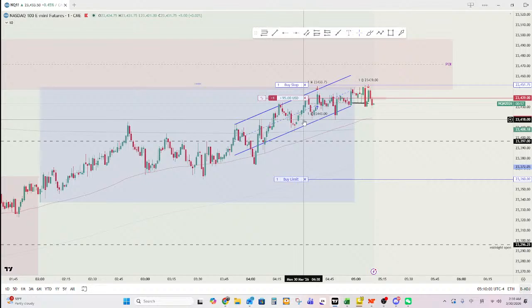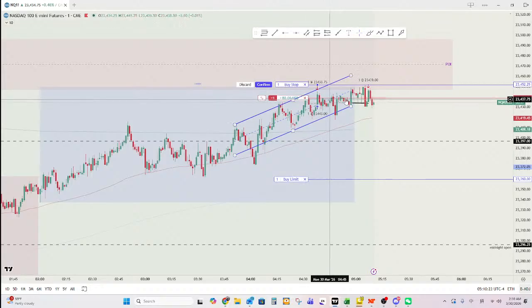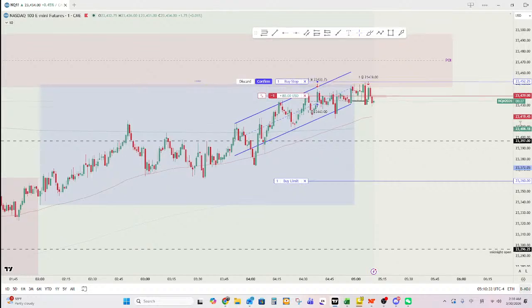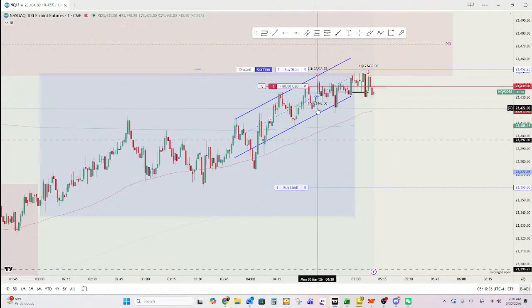So it also has a really high probability the equal low will be taken. So I need to see a very strong breakout below this low, then I will move my stop here so I can break even, if it's not going in my direction, so I will not lose money.